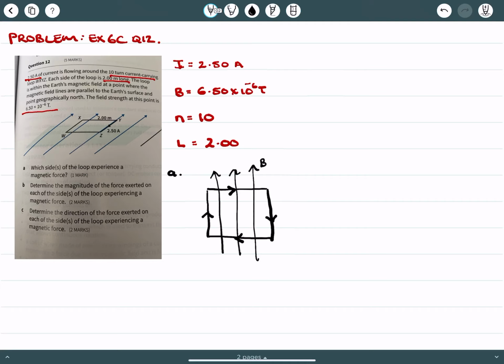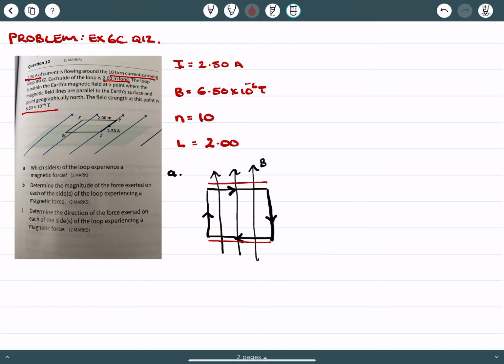There are 0 forces where the wire is parallel with the field. That's an important thing. So in this section, force equals 0, and force here equals 0. But when the wire is perpendicular to the field, in this section and this section, we do get a magnetic force occurring.